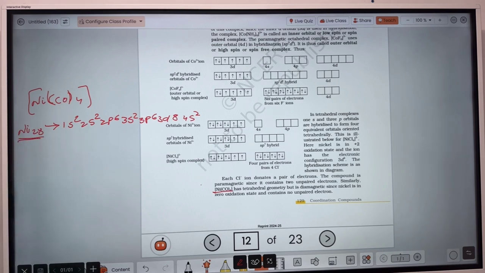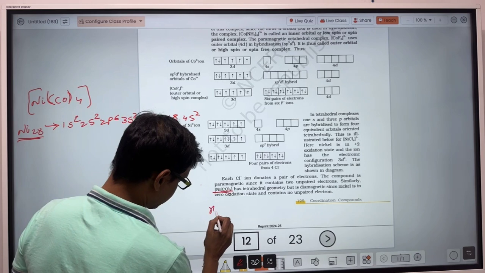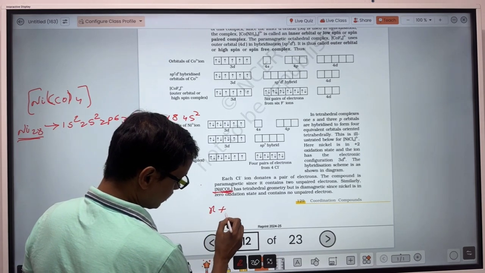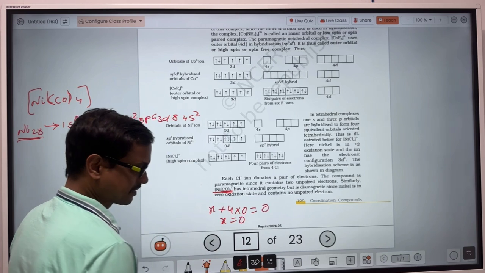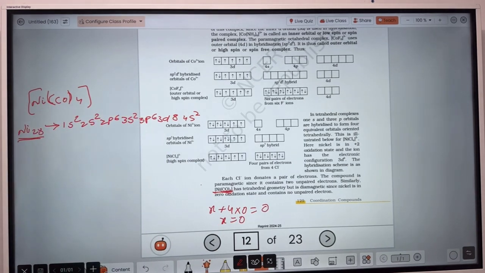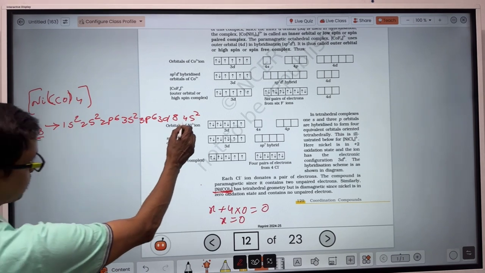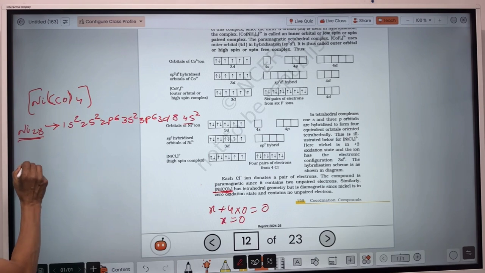Now let's see, the oxidation number of nickel here is X. Carbon monoxide is a neutral molecule, so X equal to 0. So nickel is here in 0 oxidation state.